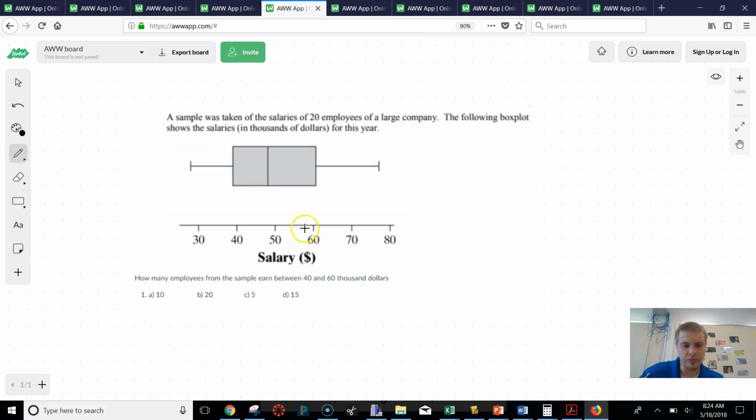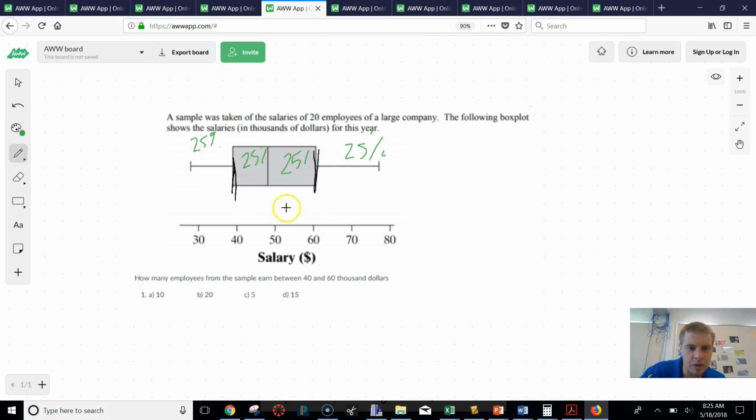The next question we get on our box plot is how many employees would be between 40 and 60? Well, because this is a box plot, we know that these are its quartiles. So we know that this is 25%, this is 25%, this is 25%, and this is 25% out here.